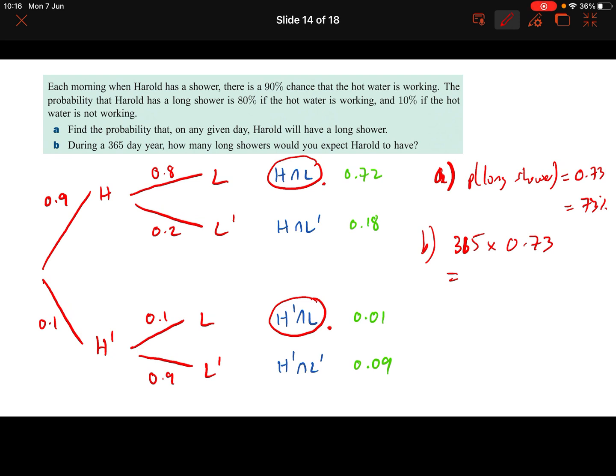Appears to be 266.45. So it's approximately 266 long showers per year. Okay? I hope that makes sense. So don't use percentages. Okay? Do not use percentages because you'll get things wrong. You can put them back to percentages at the very end of the question.